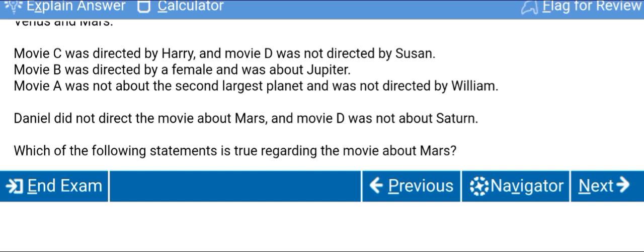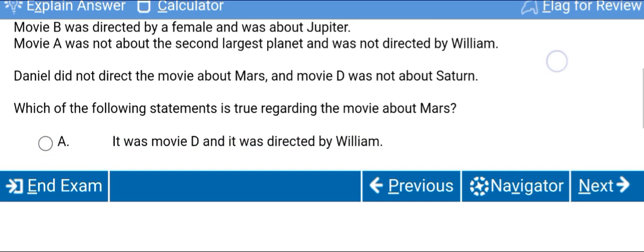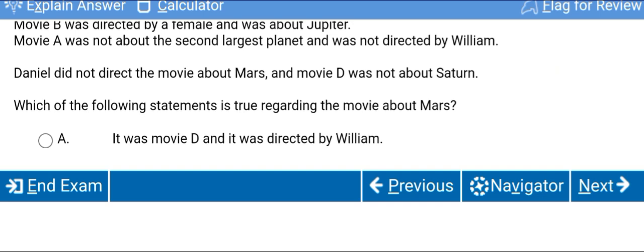Movie A was not about the second largest planet and was not directed by William. Daniel did not direct the movie about Mars. And movie D was not about Saturn.